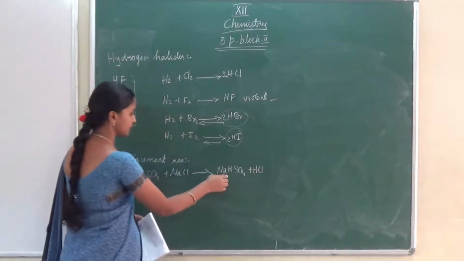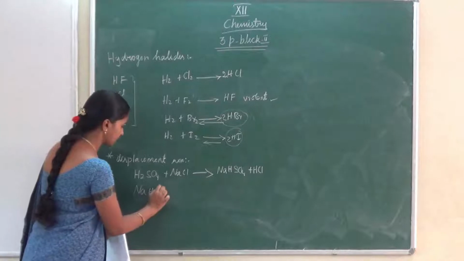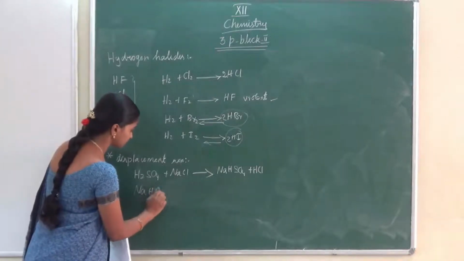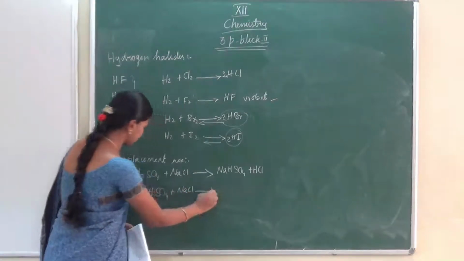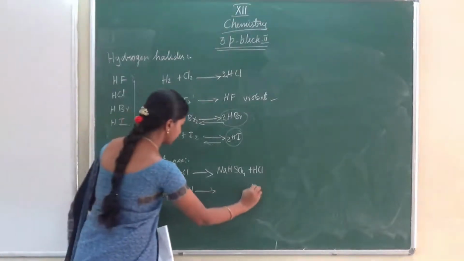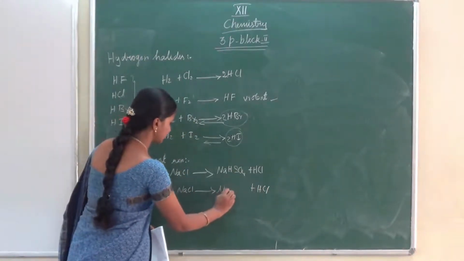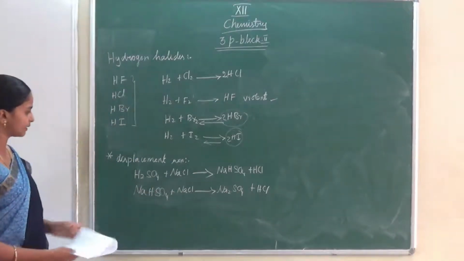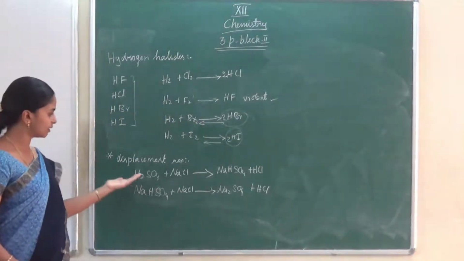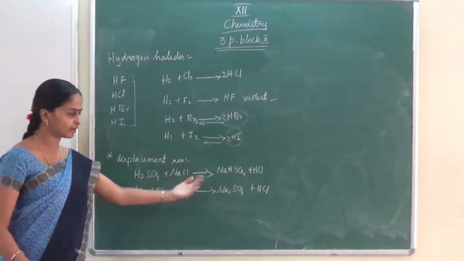When we treat the sodium bisulfate with one more mole of NaCl, we will get HCl plus Na2SO4. Okay, like that we will get. So by displacing the hydrogen from the sulfuric acid, we can get the hydrochloric acid.